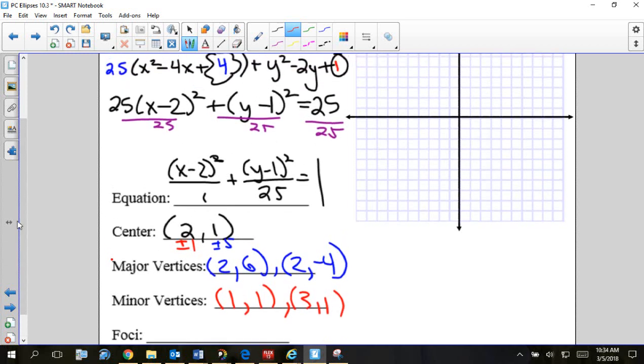I got distracted. I hope I graphed this or written those correctly. Skinny little one.